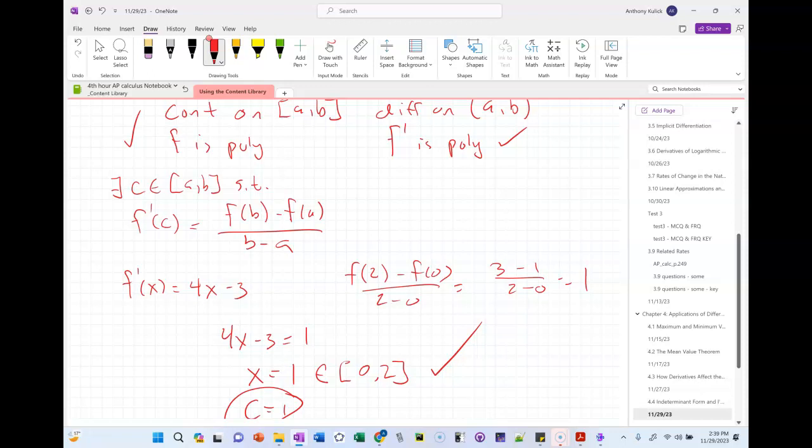Oh, the other sneaky thing we could do is if you solve this, maybe you don't get an x on the interval, right? You do have to check to make sure it's an available x when you solve. That could be a mean multiple choice question when they ask you how many c's are there on this interval.